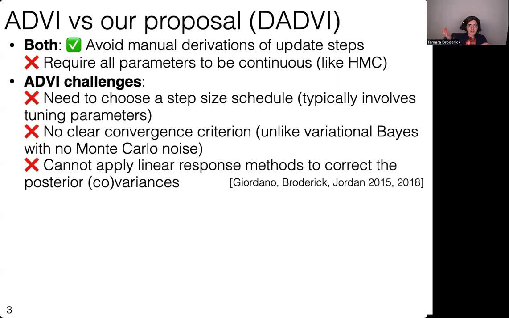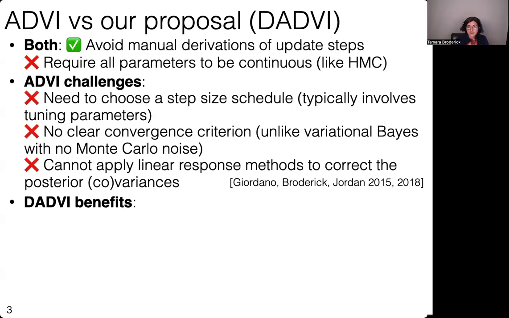But that work relies on, one, having access to the objective analytically, which we don't have with ADVI, the value of the objective. And two, it relies on an implicit function theorem, so you effectively have to be arbitrarily close to an exact optimum of the objective. And we don't have that with ADVI either. So we're not able to apply these linear response methods, at least without additional work.